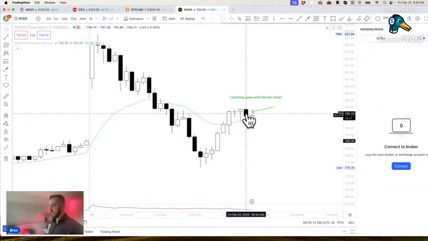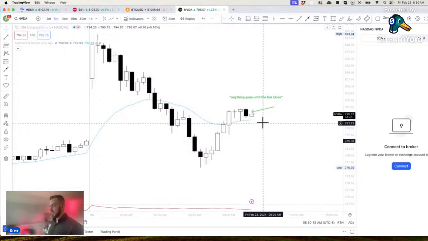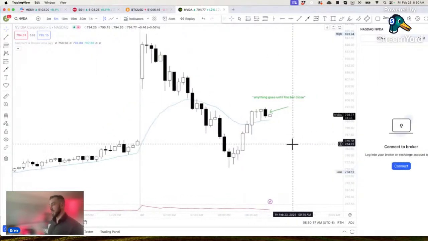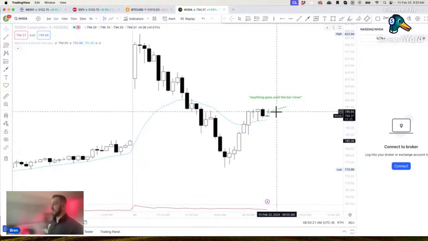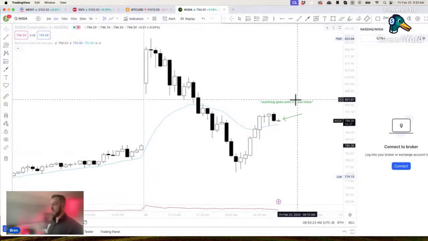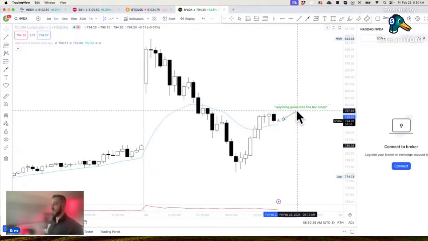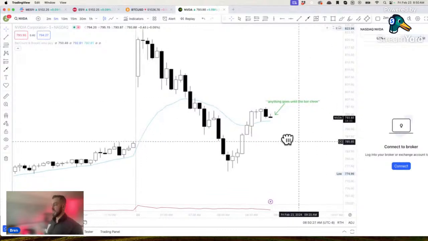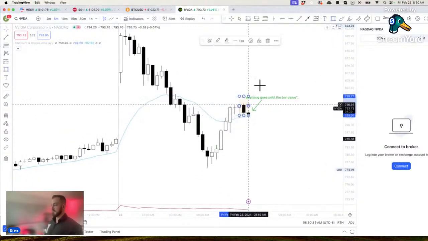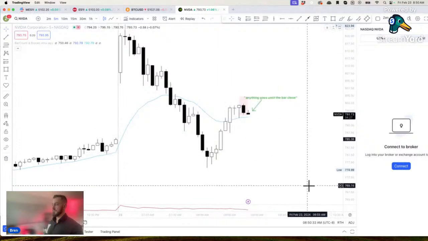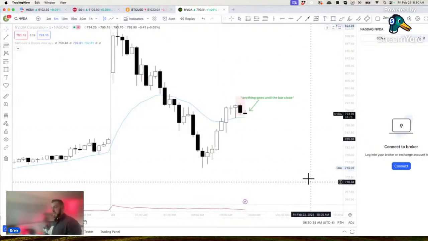Okay, so weak sell signal, right? So I'd be hesitant to sell there. Maybe wait for another close and see what happens. If you don't like what you see or it's just not clear enough, it's decent, right? Decent sell signal, but not good.